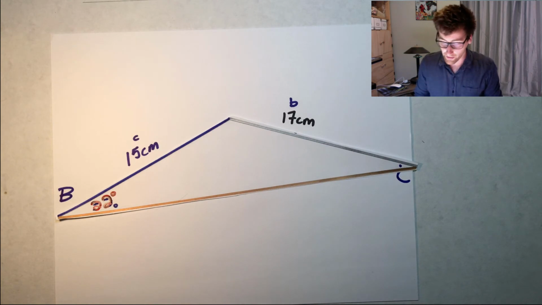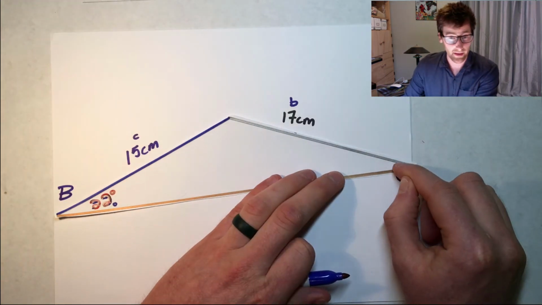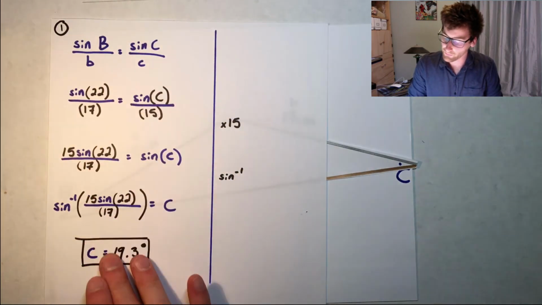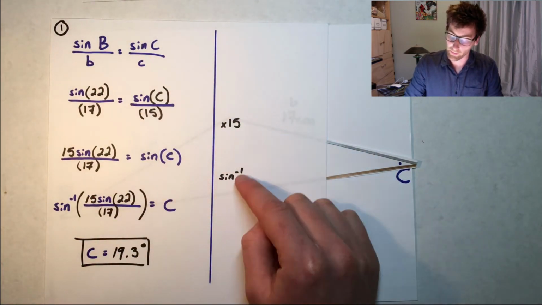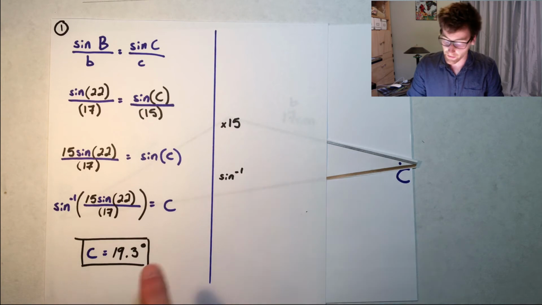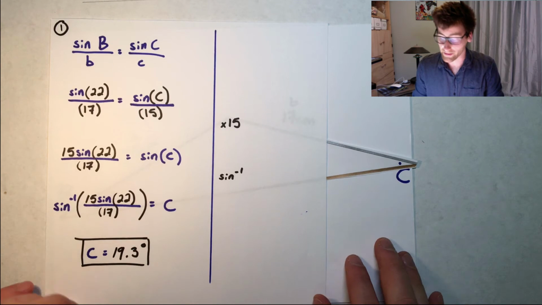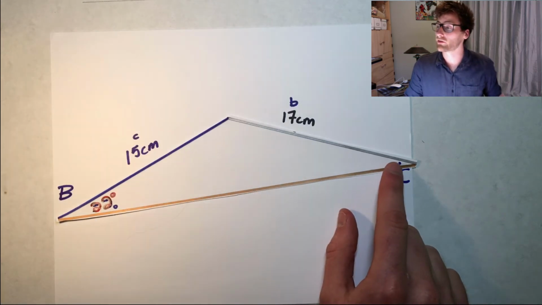So now this is our triangle, and we're going to solve for this angle here. We're going to solve using sine law by multiplying by 15 and using inverse sine, and we'll eventually get to 19.3 degrees as our C value for our triangle.